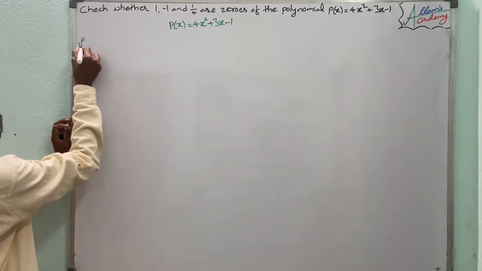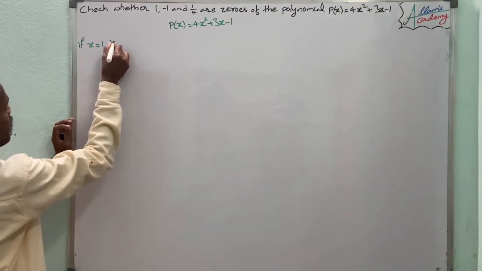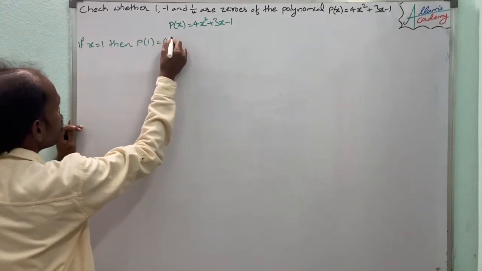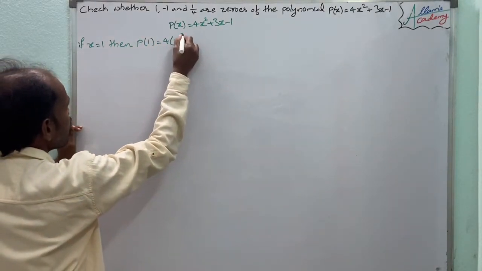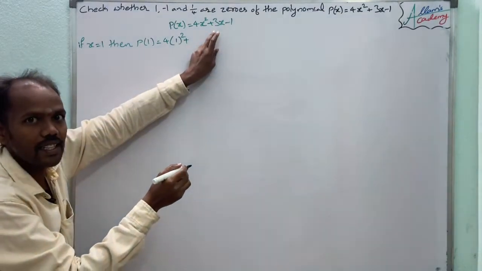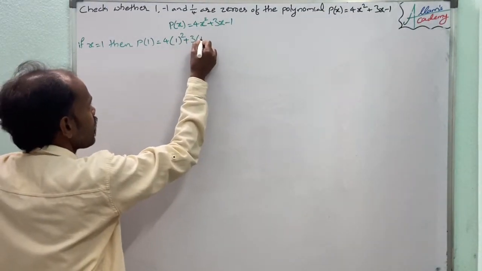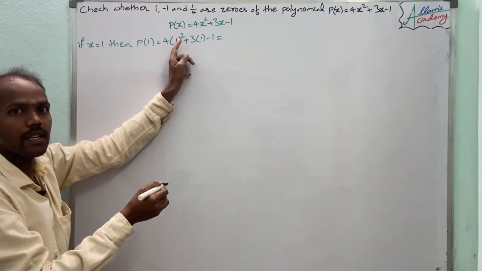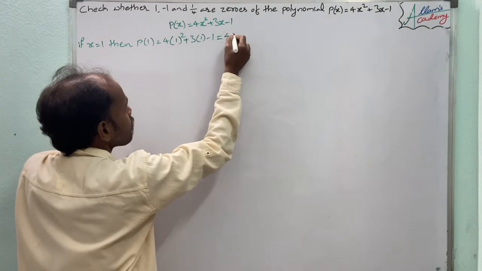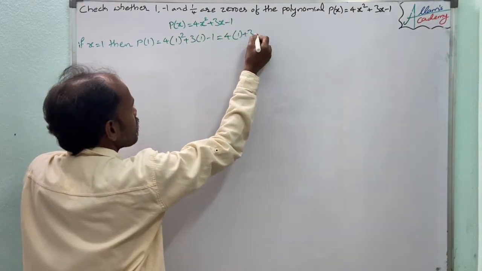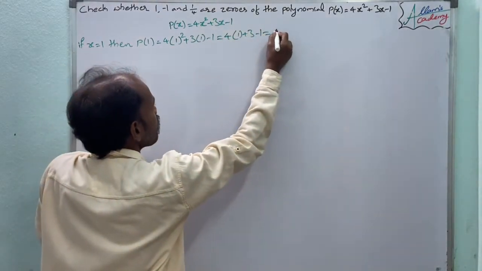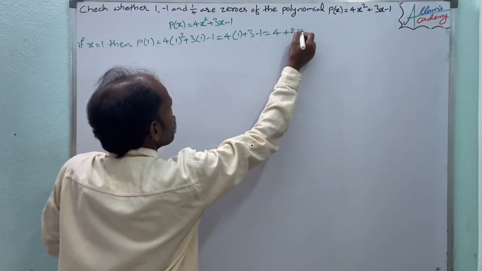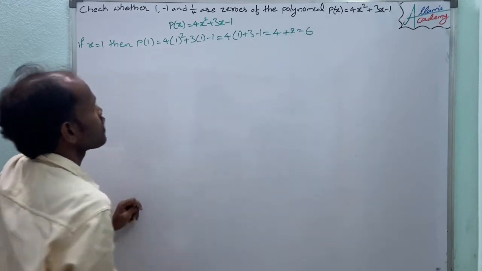If x equal to 1, then p of 1 equal to 4 into 1 square, plus 3 into 1, minus 1. 1 square is nothing but 1 only. 4 times 1 is 4, so 4 plus 3 minus 1, that equals 6.